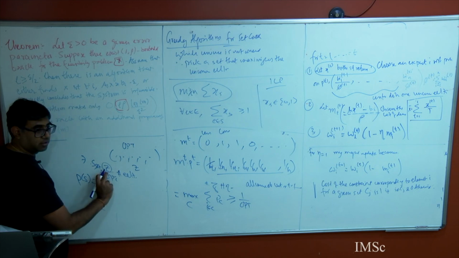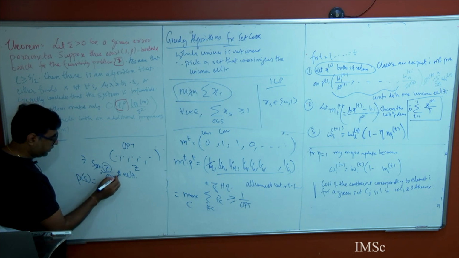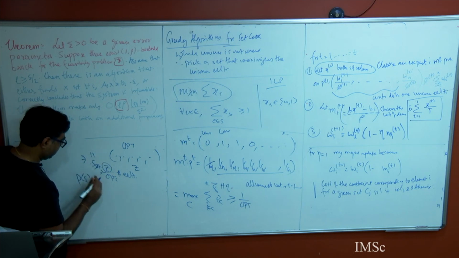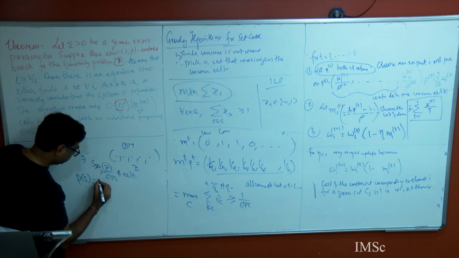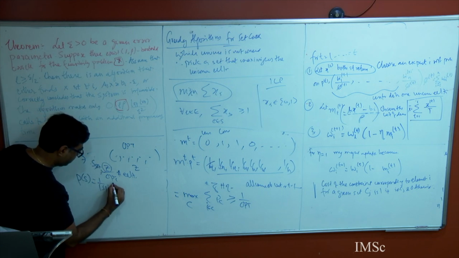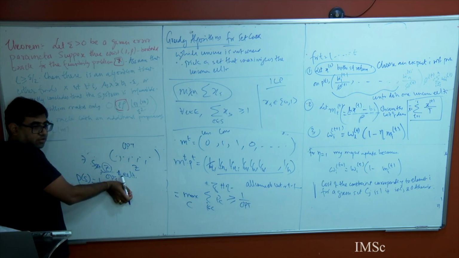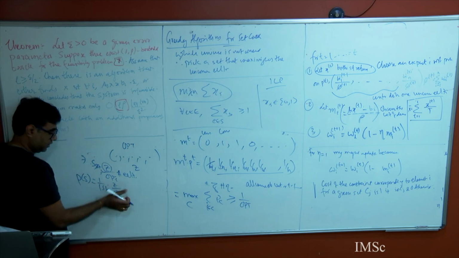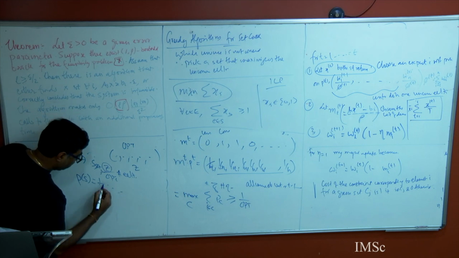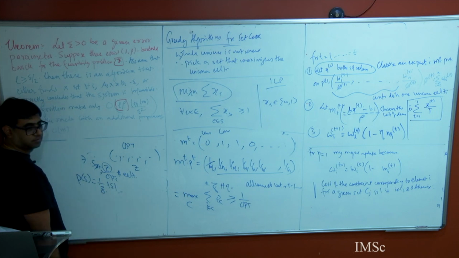Probability mass of S is definitely going to be equal to Z. Suppose it covers Z over opt elements, and suppose the size of S is |S|. So it is going to be 1 over Z times |S|.